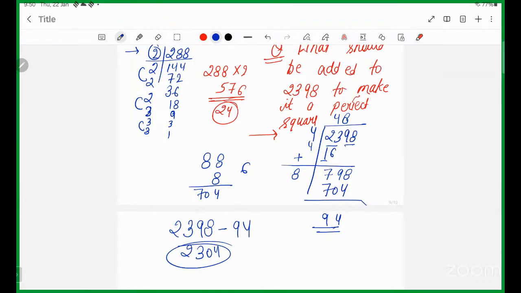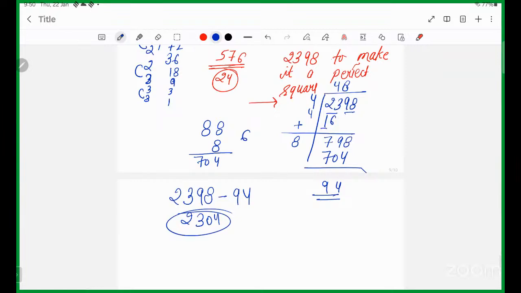But here I have been asked what should be added. So we will not take 8 here, we will take 9. So I will check what is 89 into 9. So it is 801. So in place of 704, it will be 801.